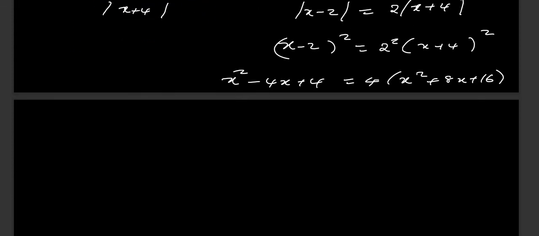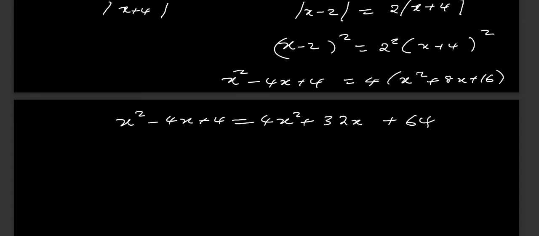Then from here we can gather like terms: 4x squared, 4 by 8 gives us 32x, then 4 by 16 gives us 64. Then from here, we take this side to the other side.